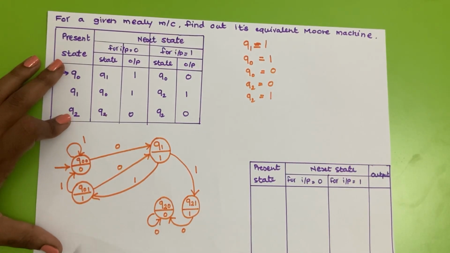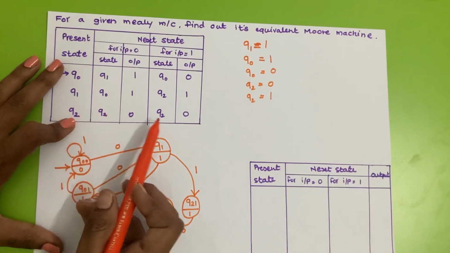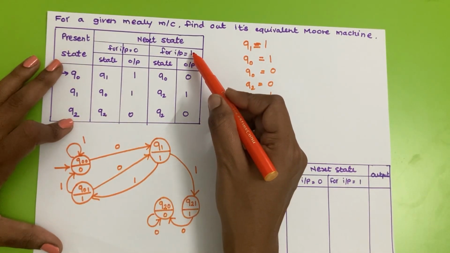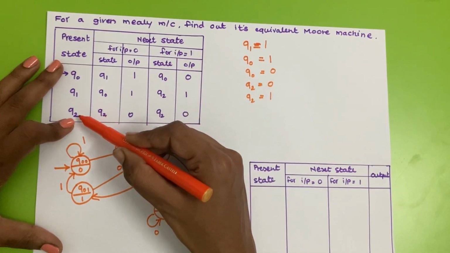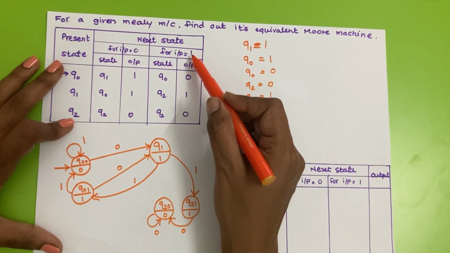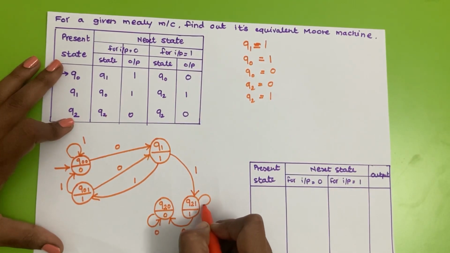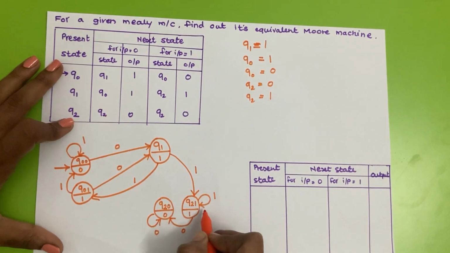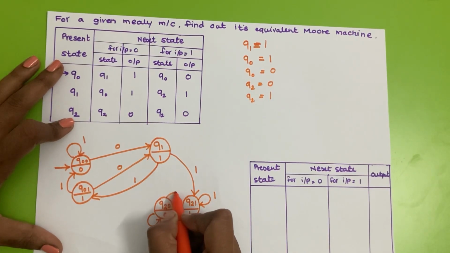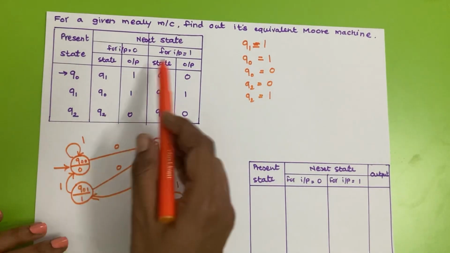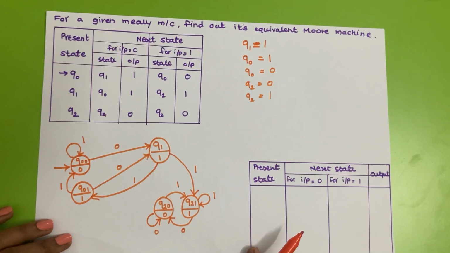Now again for Q2 1, here we have to make a transition for input symbol 1 to Q2 1, from Q2 0 to Q2 1 as well.